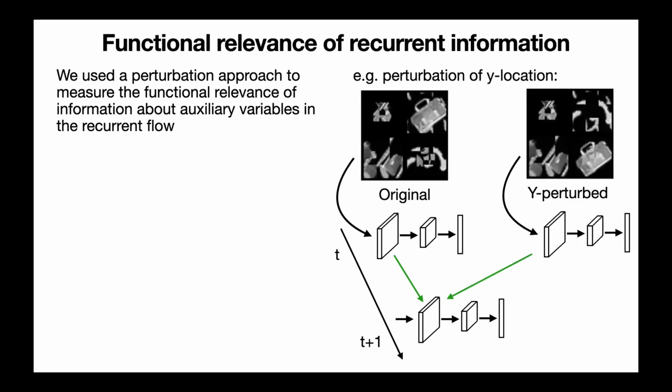And then we take a manipulated version, in this case perturbed in the vertical location of the object, which is a suitcase. We get the recurrent activation and we feed that instead of the true activation to the network. So the network is getting the information it would have gotten if the auxiliary variable had a different value, and we don't give it the real information.